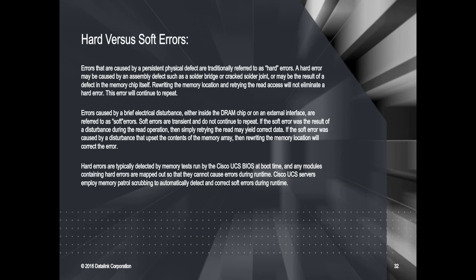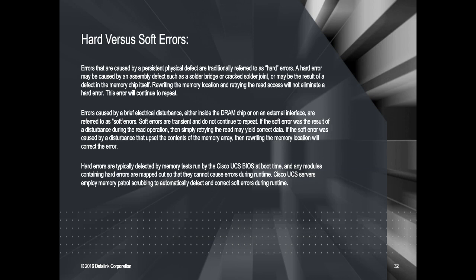Rewriting the memory location and retrying the read access will not eliminate a hard error. This error will continue to repeat. Errors caused by a brief electrical disturbance, either inside the DRAM chip or an external interface, are referred to as a soft error. Soft errors are transient and do not continue to repeat.